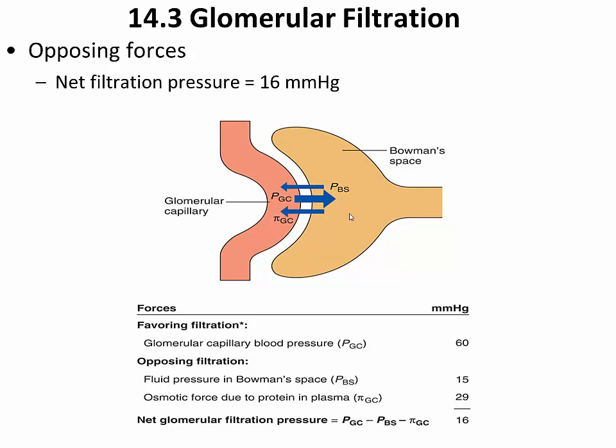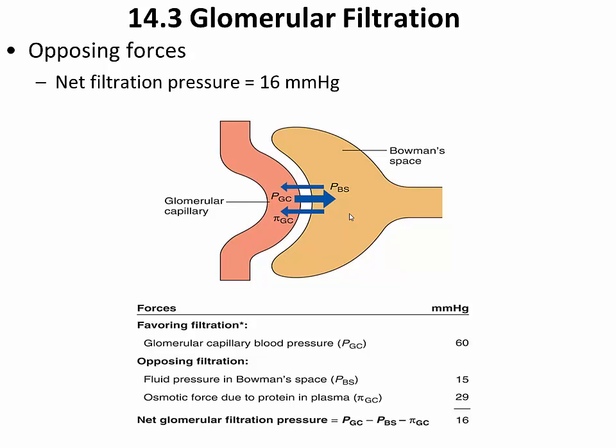But then the second force that's drawing fluid back in is the osmotic force that's due to protein found in the plasma. Now, you'll remember that under normal circumstances, generally no proteins that are found in the plasma are being filtered via these capillaries.